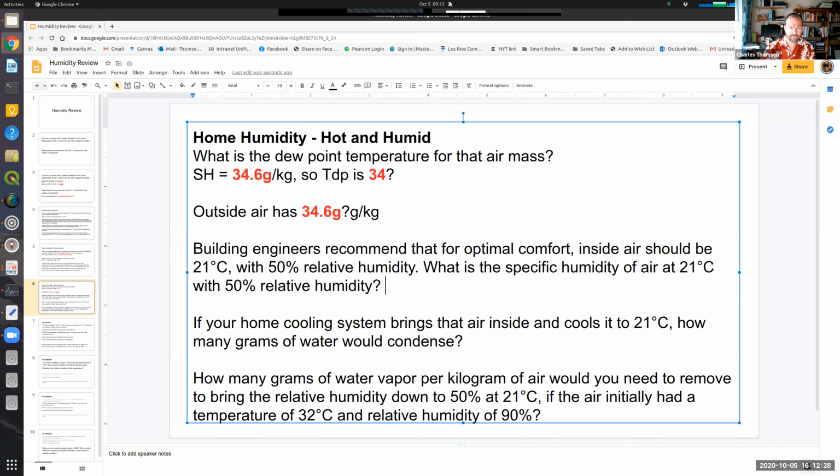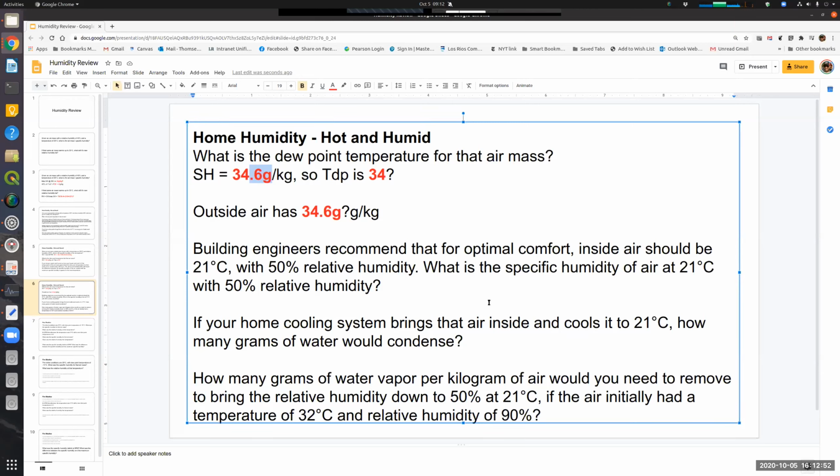And then I'm going to go back to sheet 1. I have a quick question on that dew point one.